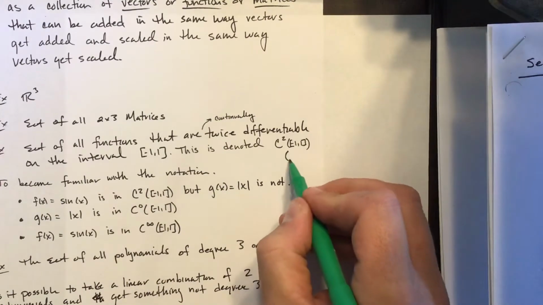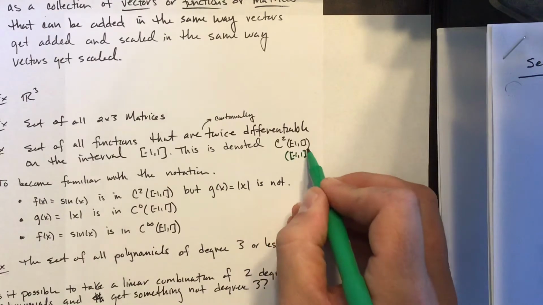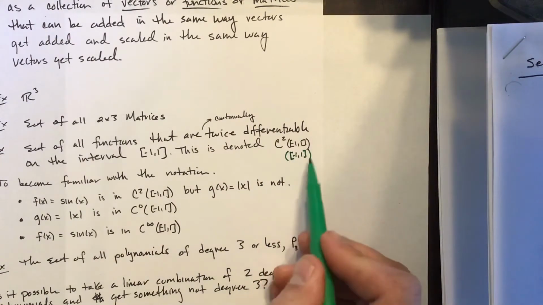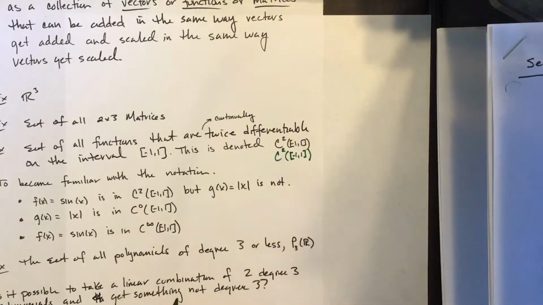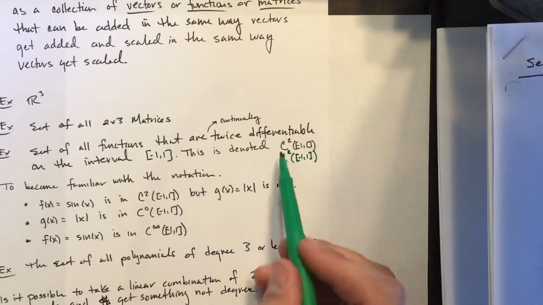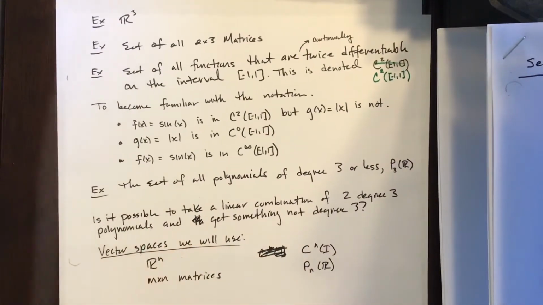It's just the interval from -1 to +1, including both endpoints. So that's maybe a little bit clearer way to denote that. To become familiar with that sort of group, the function f of x equals sine x is in C2 of -1 to 1, but g of x, which is the absolute value function, is not.